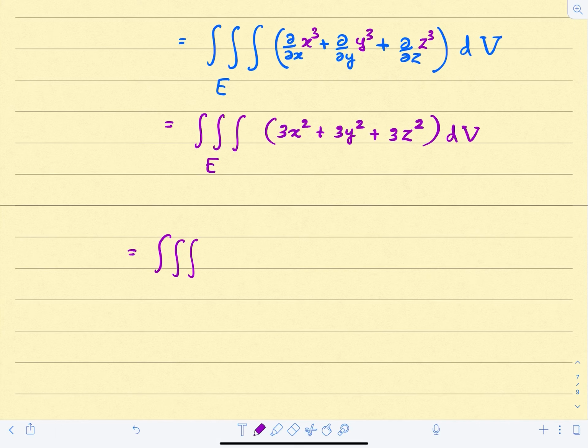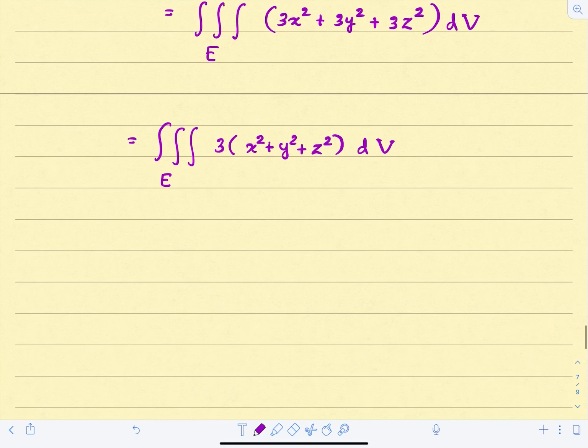Now in the spherical coordinate system, x squared plus y squared plus z squared is rho squared. So this integrand becomes 3 rho squared.